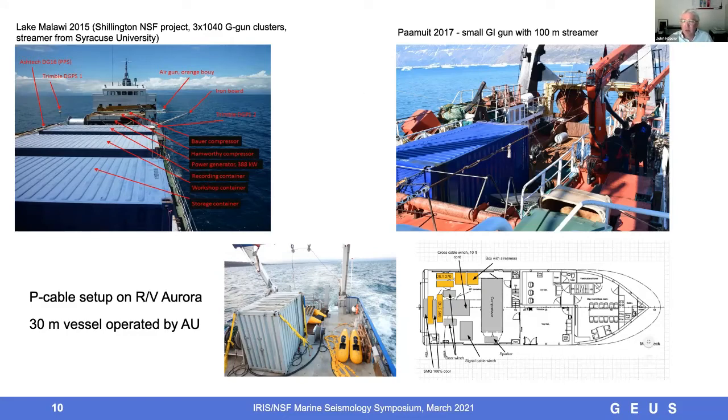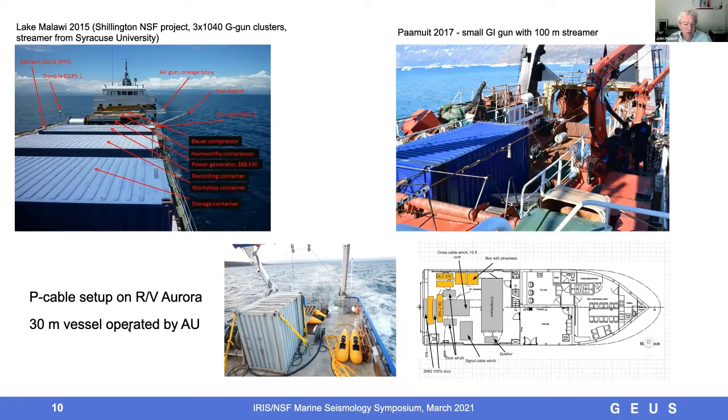We can also go to much smaller things. Over here on the right, this was a small GI gun with a 100-meter streamer that was done off the coast of Greenland off of a small fishing trawler. Only the compressor container was actually put onto the vessel, and everything else was done by hand from the deck space.